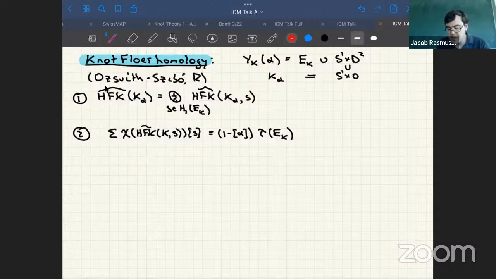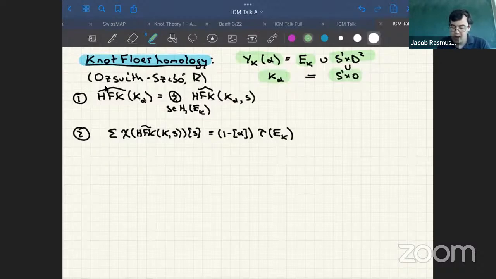And that's an invariant of a knot inside of a 3-manifold. So for example, if I take a knot K and I Dehn fill it with slope alpha, so that's taking E_K, doing S1 times D2 with it, then I get a knot which I'll call K_alpha inside of that Dehn filling, which is just the core of the S1 times D2.